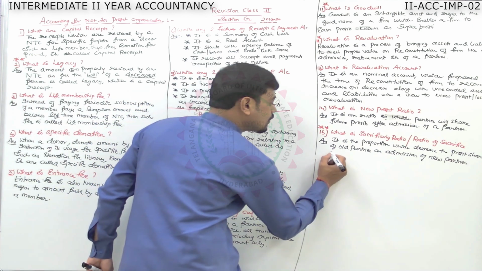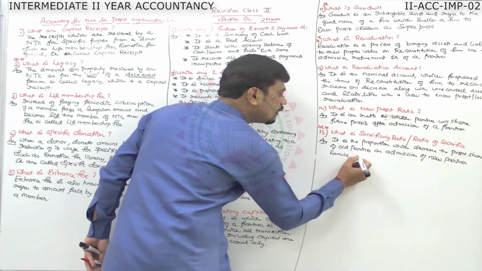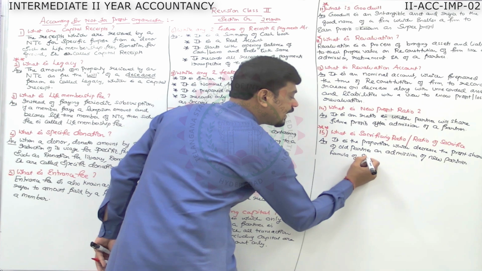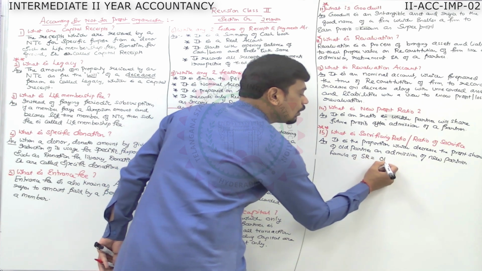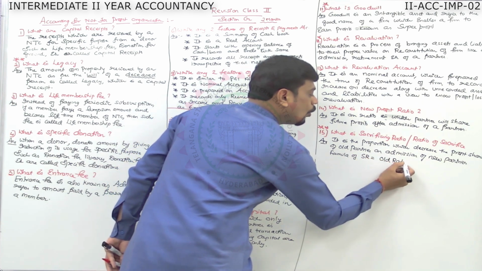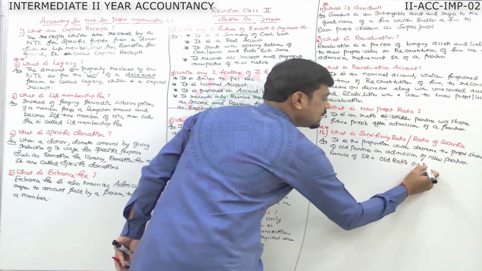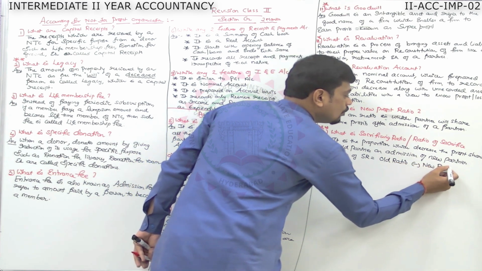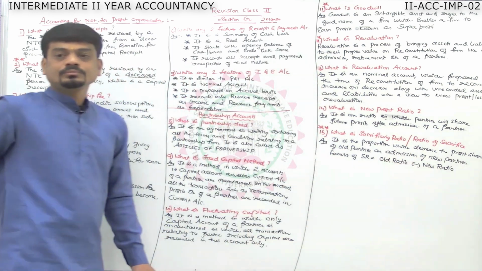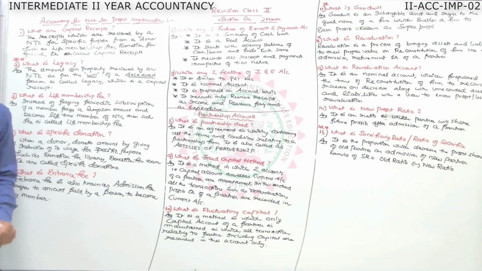Then you write the formula. Formula of sacrificing ratio: old ratio minus new ratio, dear.